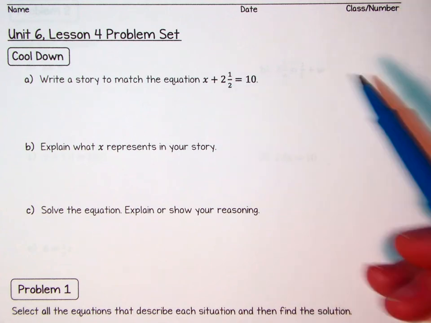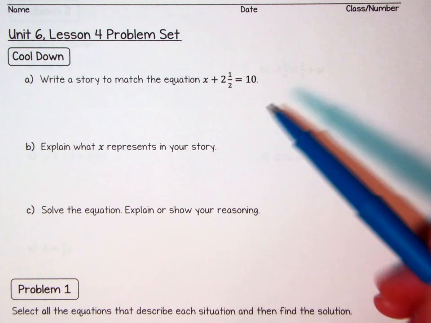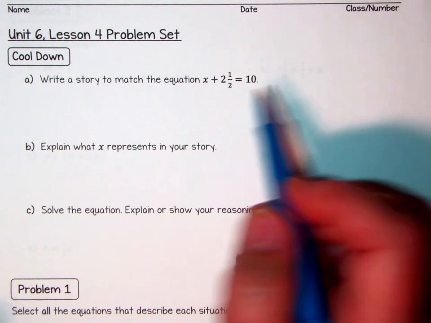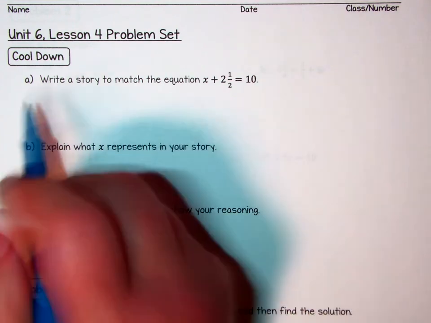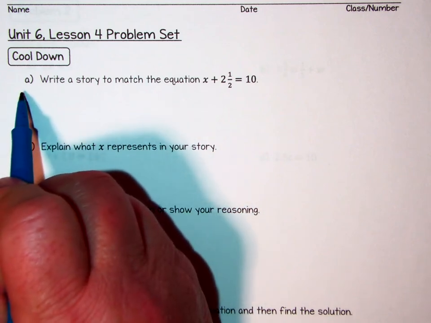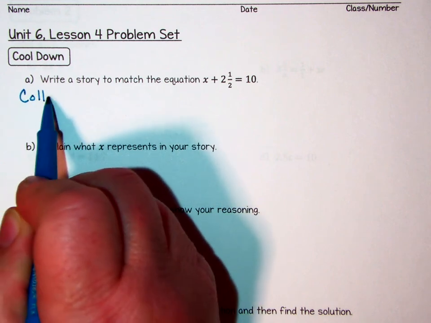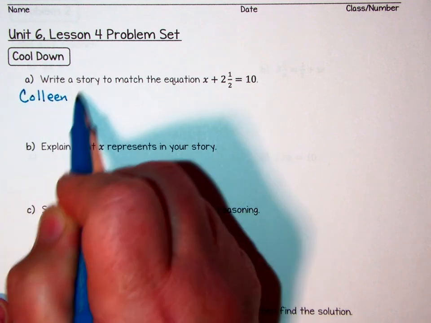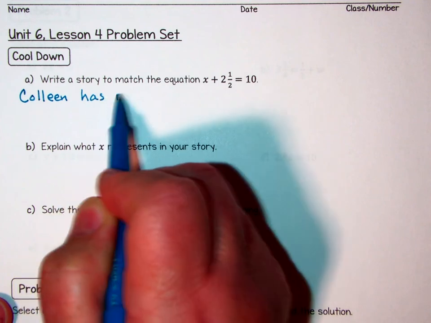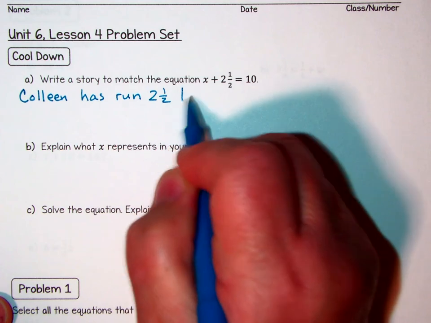So off the top of my head, and because we use this for one of the problems in the notes, I'm going to think of this as, let's see, Colleen. Let's pull that out of thin air. Colleen has run 2.5 laps.